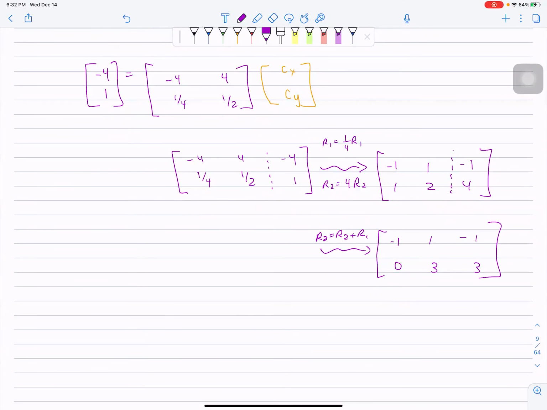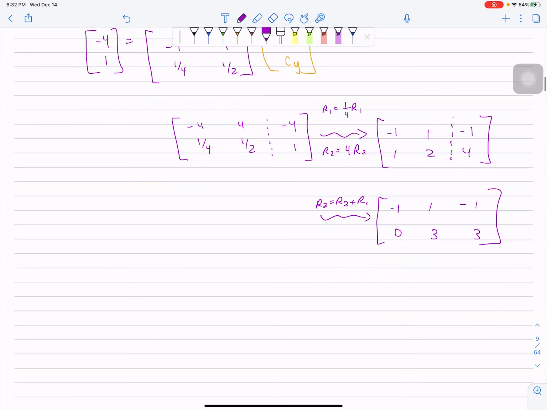I could stop there and do back substitution, or I can keep going and get a straight diagonal matrix so that I don't have to do back substitution. So if I do row 1 is row 1 minus row 2, oh wait, let me first take a third of row 2 so that I get rid of that 3, because I don't like bigger numbers.